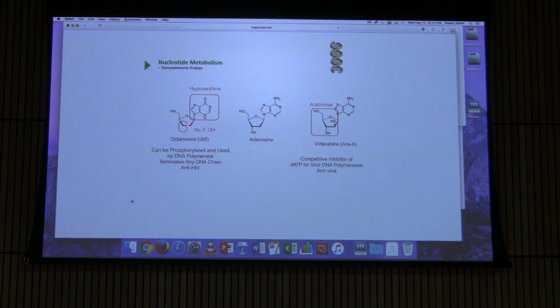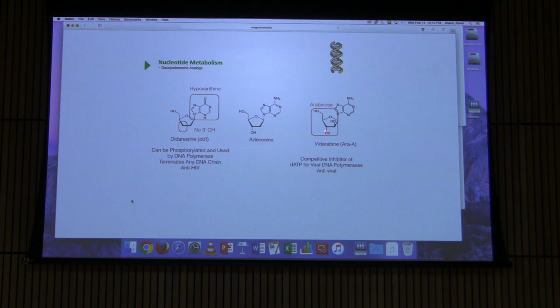The polymerase recognizes it just fine, but once it gets put in by the polymerase, nothing can be added to it, and you've stopped the synthesis of that nucleic acid.